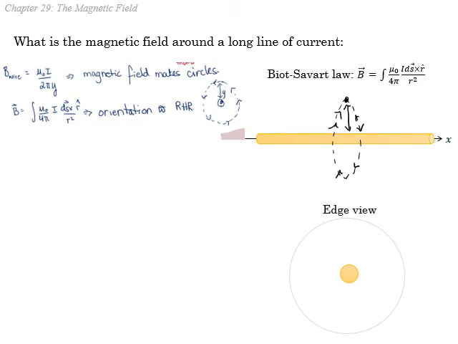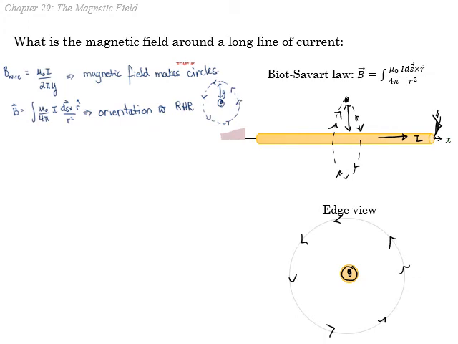So I've sketched it in 3D. It's pretty hard to draw in 3D all the time, so if you want to take an edge view, that's often pretty good. So you draw your current on your wire. In this case, the current comes towards our eyeball. And then remember the right-hand rule says you stick your thumb with your current and you make a circle with your fingers to show the orientation of the magnetic fields.